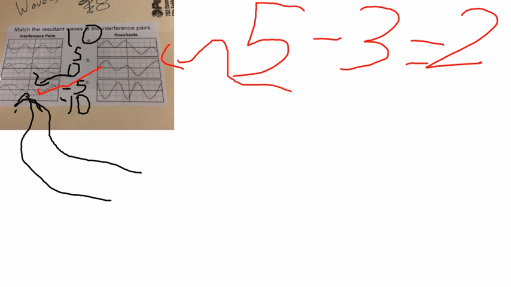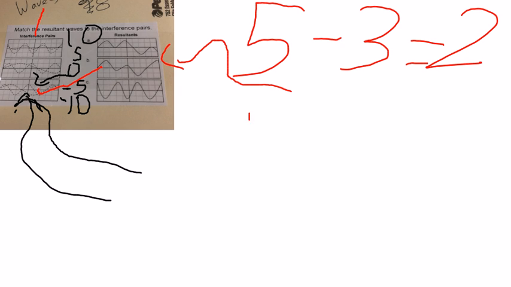Let's try this with the other ones. Just test it at this straight line right here in the center, and that should generally work. In this interference pair, the first wave is at about minus 1, so it's just barely under the 0 line. And this one is right at the line below 0, which is minus 5.